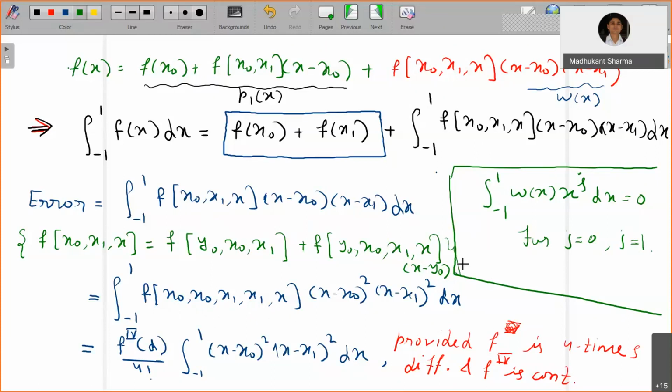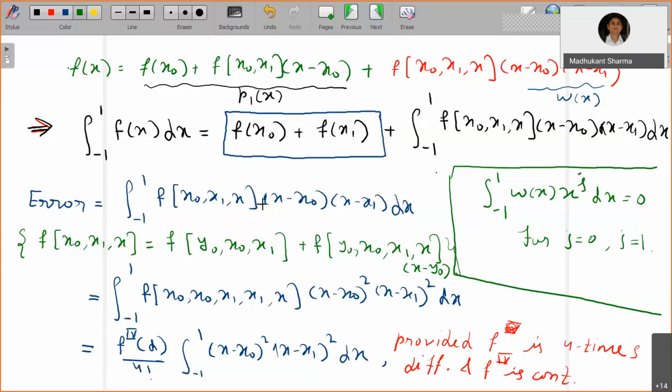Because x0 and x1 are the Gauss 2 points, we don't know where they are, but they are symmetrically placed with respect to the midpoint. We are not sure whether x minus x naught is less than 0 or x minus x1 is greater than 0, so the mean value theorem may or may not be applicable.